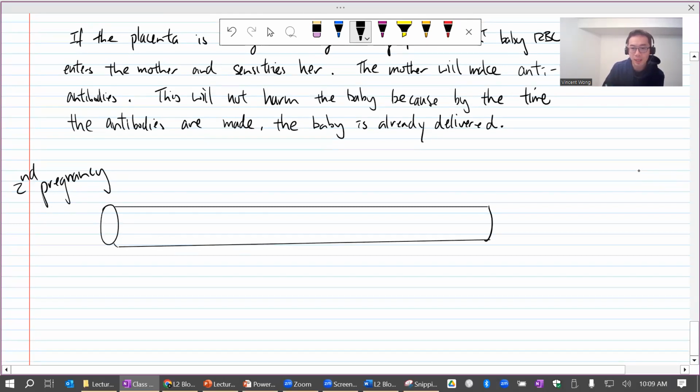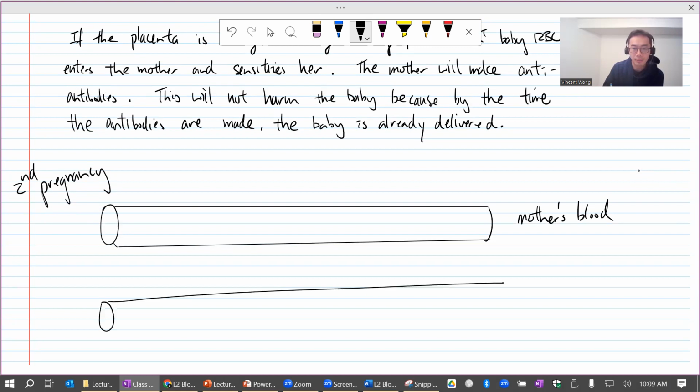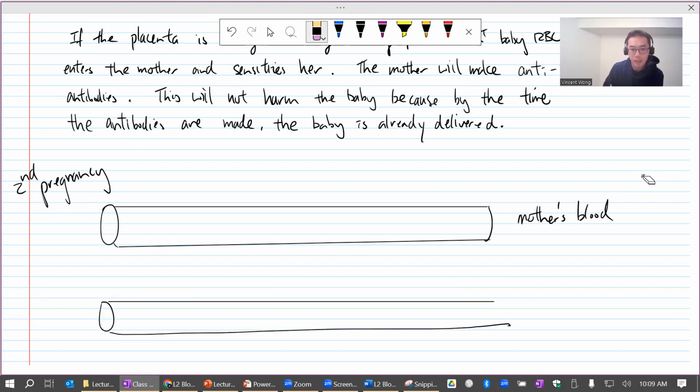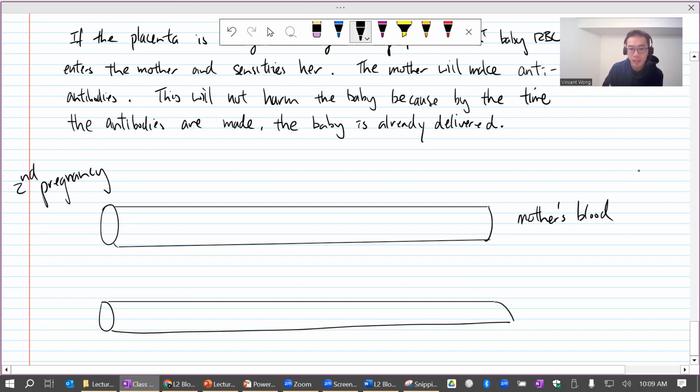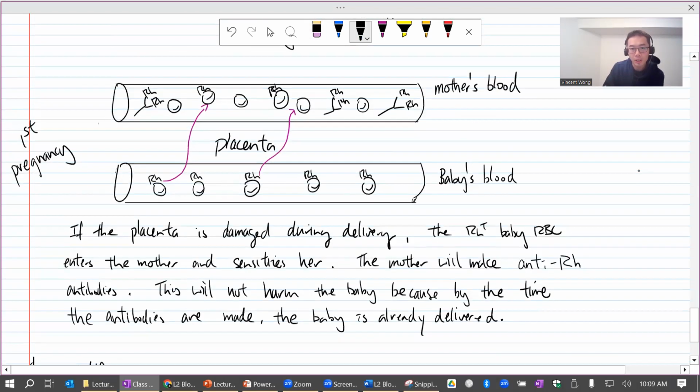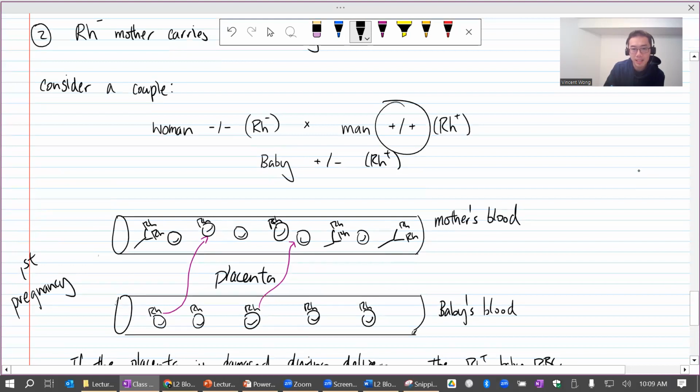So this is the second pregnancy, and this is the mother's blood again. Assuming the woman is going to have the baby with the same partner, because the man is positive, it's guaranteed their second child will also be positive, right?